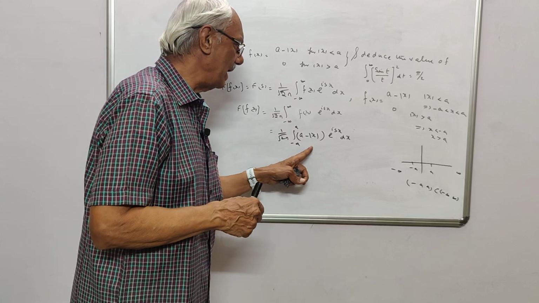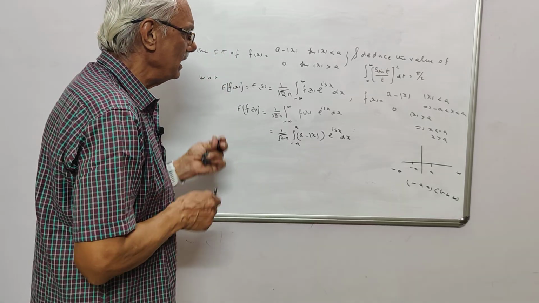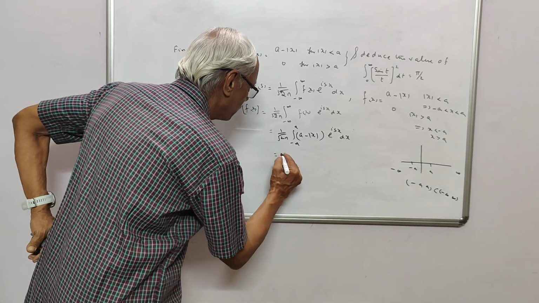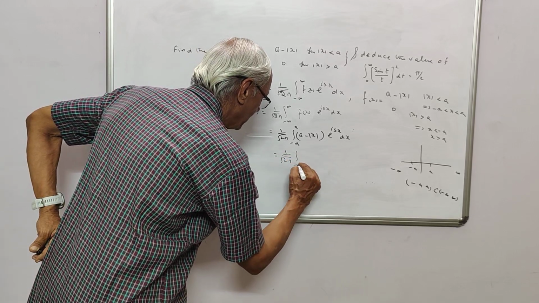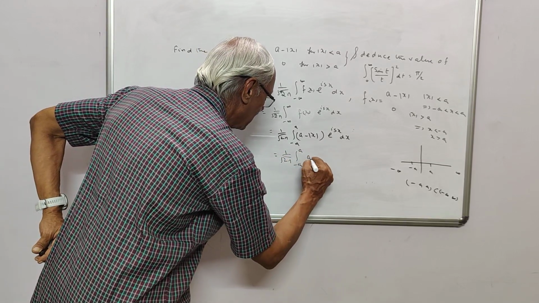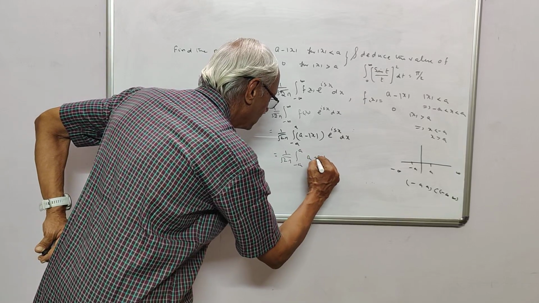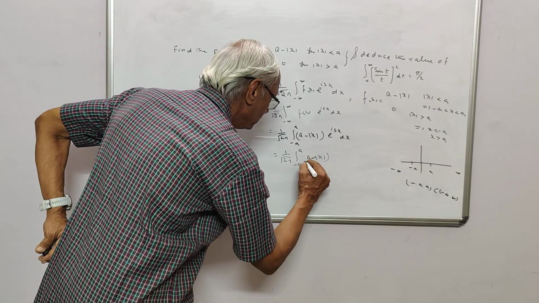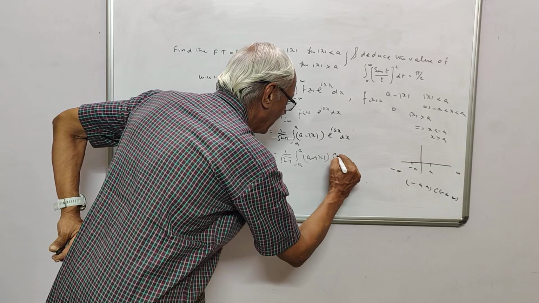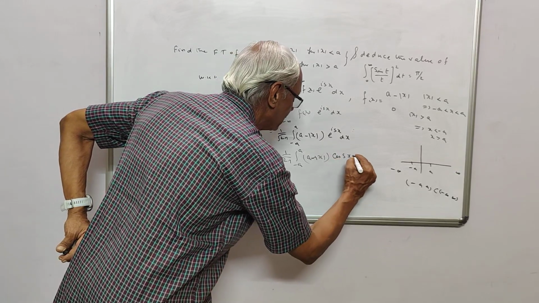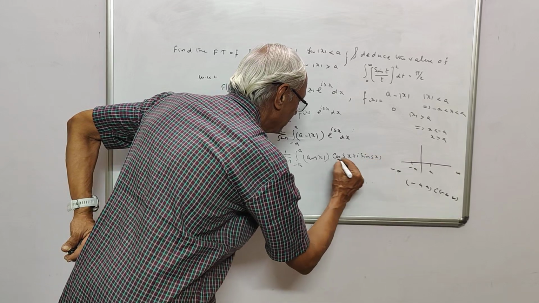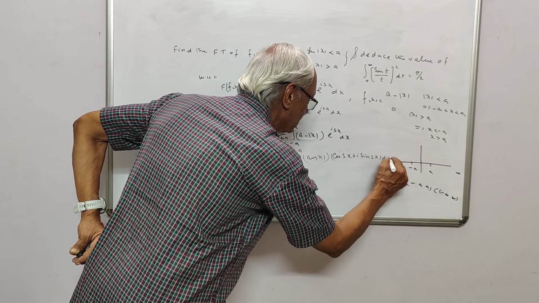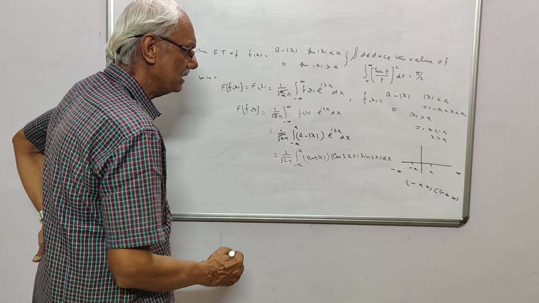So you see that I take this, now I can write in this place 1 by square root of 2 pi, integral from minus a to plus a of e to the power of minus modulus of x into, I write this as cos sx plus i sin sx, into dx. You have to write each and every step.